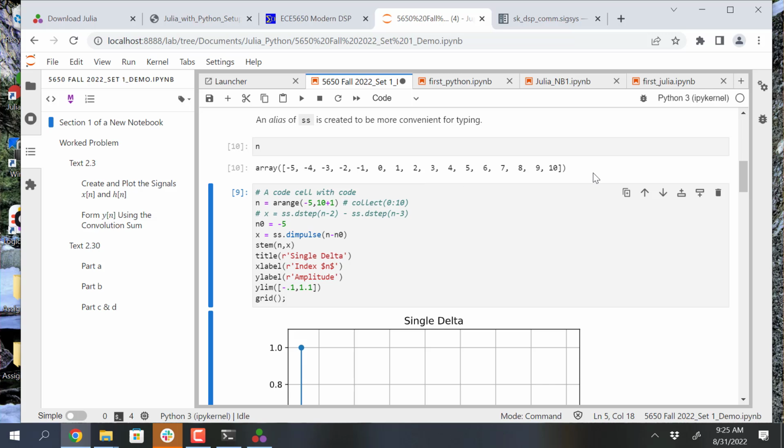But if I do a scalar operation with that array, it just does a pointwise operation automatically. In Julia, because it has that property a little bit more like MATLAB, you'd have to do N dot minus N0, because it would grump at you saying there's a vector in one argument, and one of the variables is an array and the other one's a scalar.